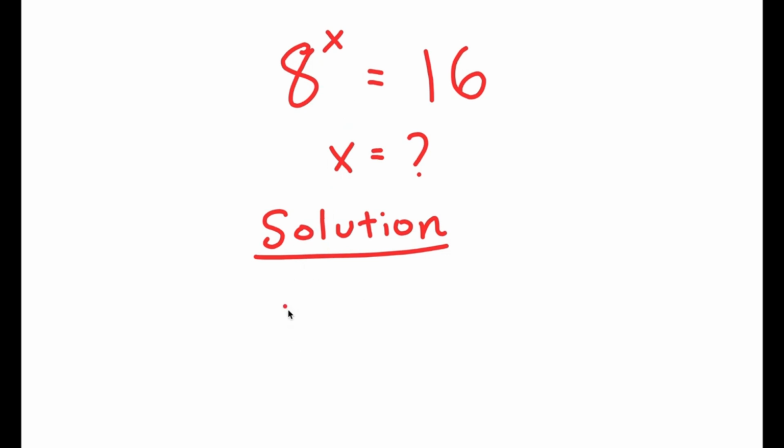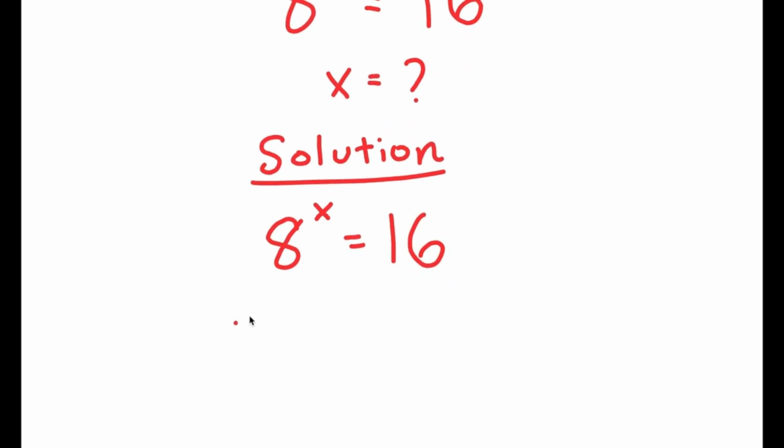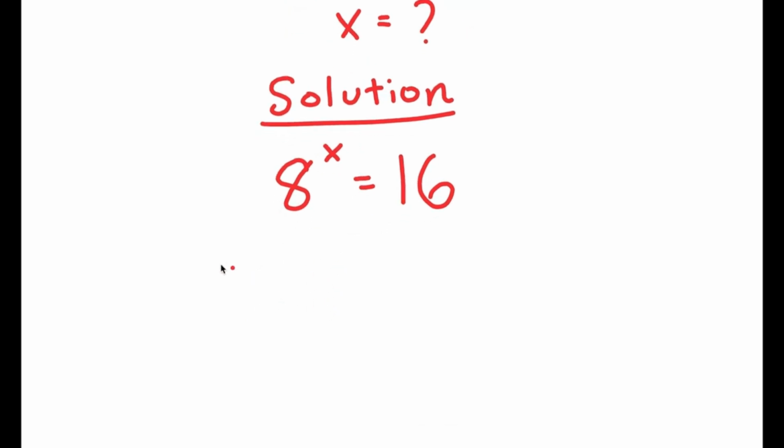So my equation is 8 to the power of x is equal to 16. Now, before we start doing anything, let's just inspect this problem real quick. So if I plug in x equals 1 into this equation, I get 8 to the power of 1 is equal to 16, which 8 to the power of 1 is the same thing as 8, so I get 8 equals 16, which is false, right?